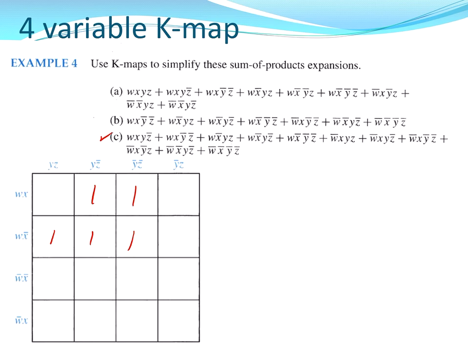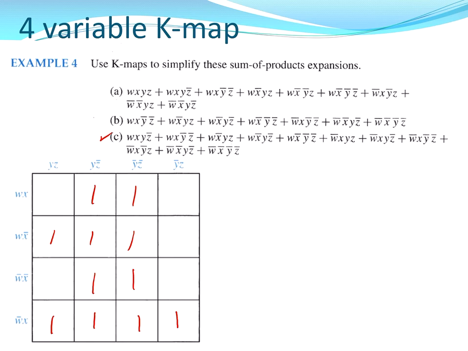And then W bar, X, Y, Z, W bar, X, Y, Z bar, W bar, X, Y bar, Z bar, W bar, X bar, Y bar, Z, then W bar, X bar, Y, Z bar, and W bar, X bar, Y bar, Z bar right there. All right, that's all of the minterms.